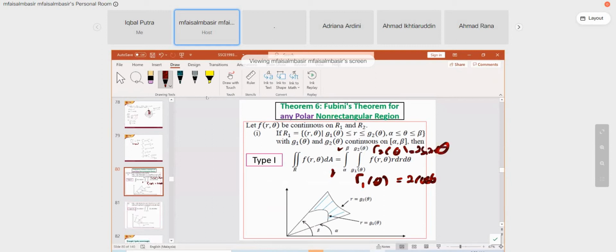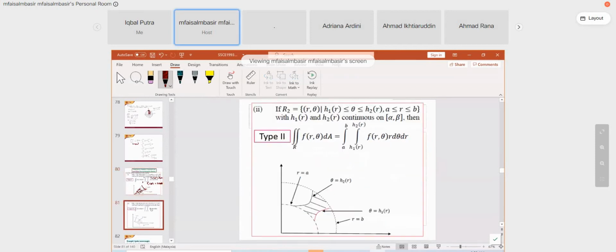As I told you, your angle for this one is from here, another one is from here. Your radius, one is here, another one is here. So your R1 is here, R2 is here. Let me see an example later. We don't want this, so no need to consider.